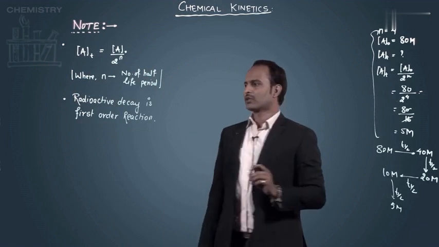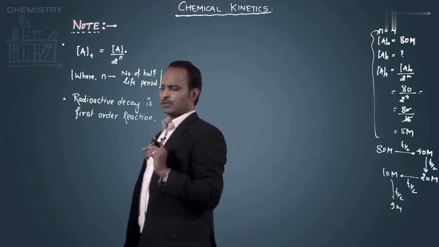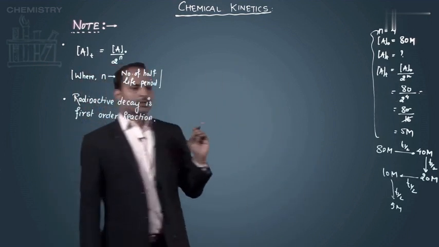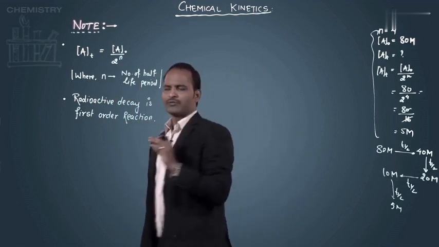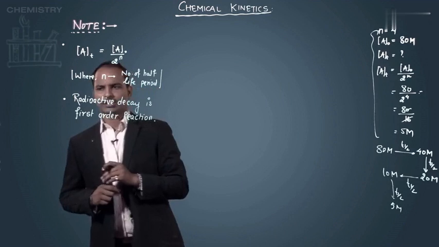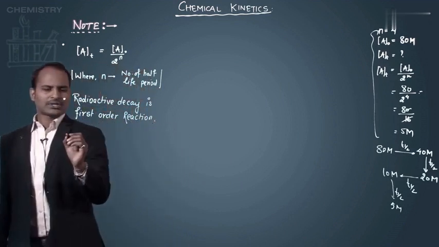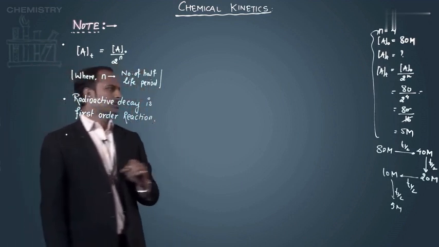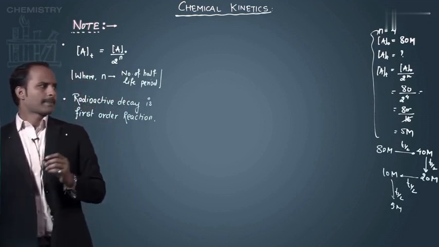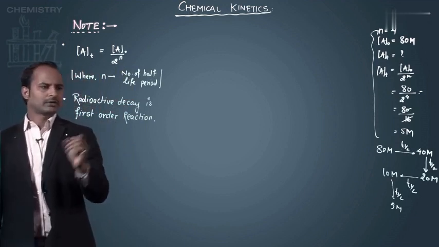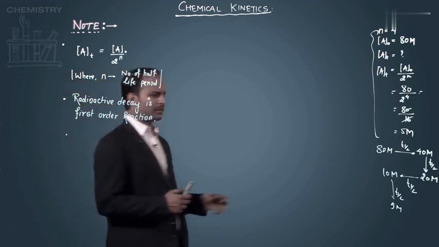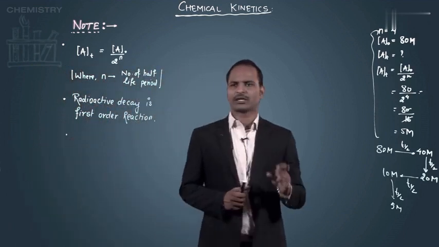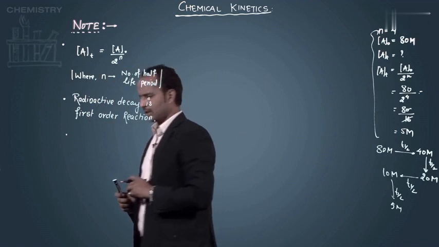That means the radioactive decay depends on the concentration of only one reactant, that is that particular radioactive element. Whatever the radioactive decay we have, like if radium is there and some alpha or beta particle is emitting from it, then that emission is going to be a first order reaction.